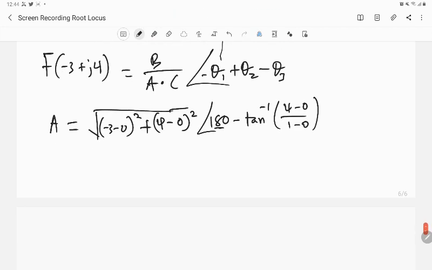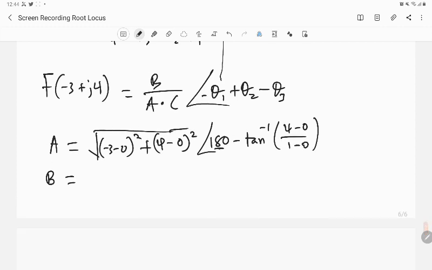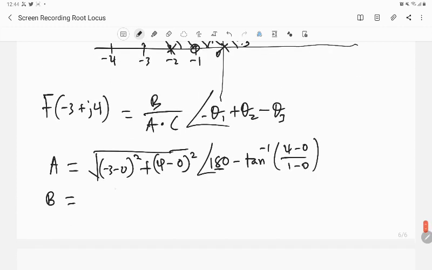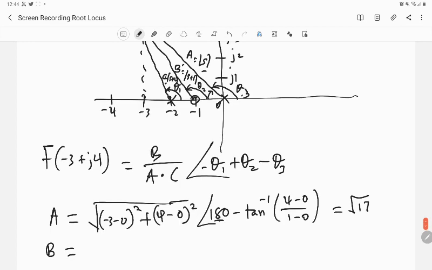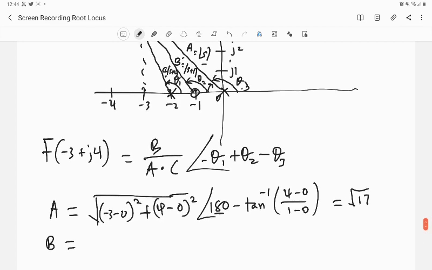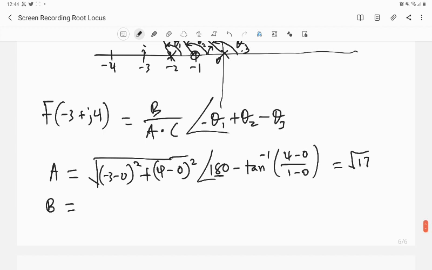So a will be square root of 3 minus 0 squared plus 4 minus 0 squared, which gives us 5, angle 126.9.